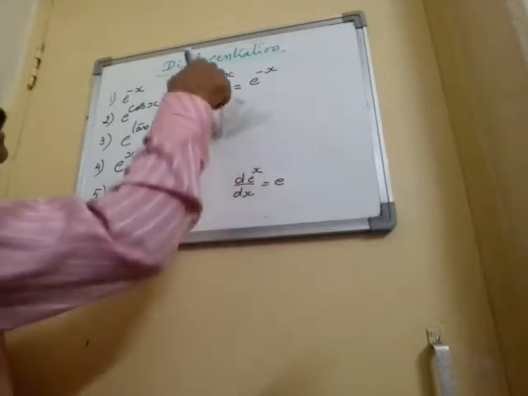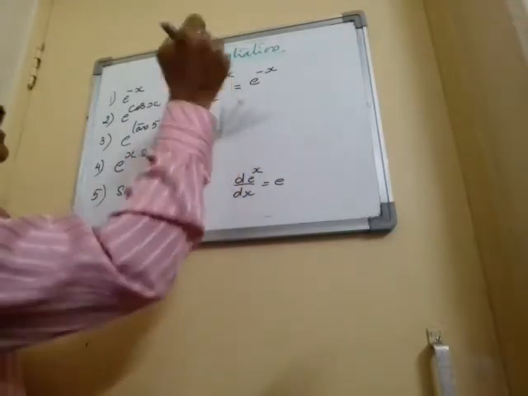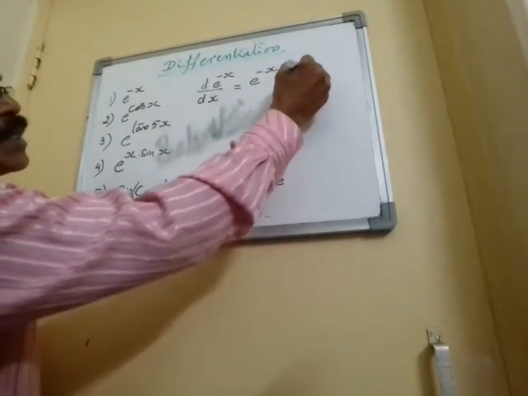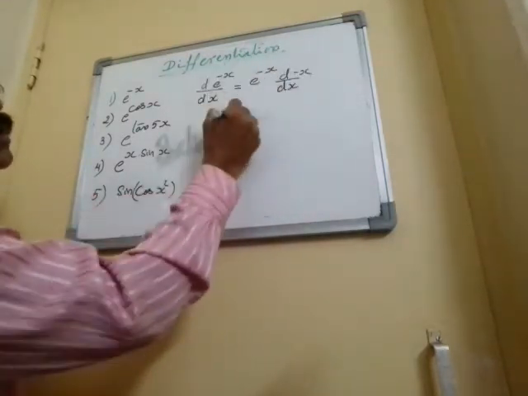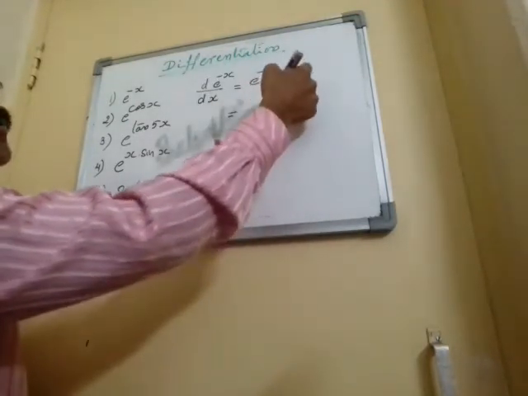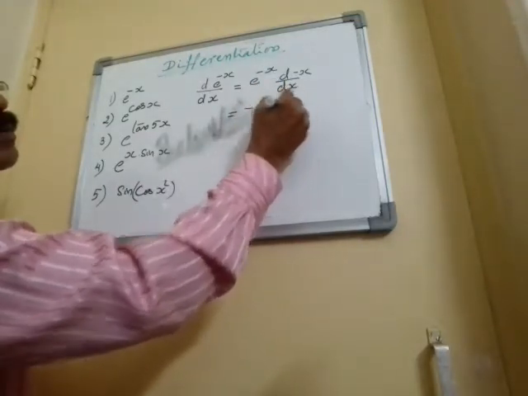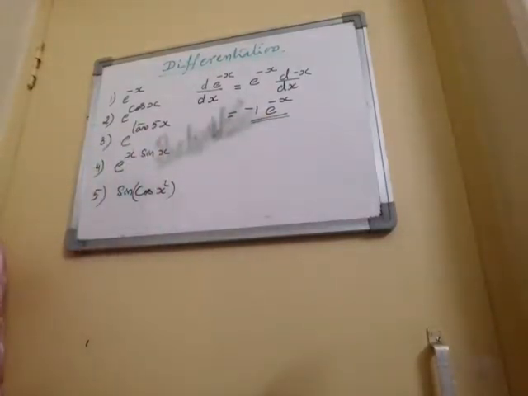Here x is there, here minus x. So we have to differentiate this minus x once again. That means d by dx of minus x. Okay, that's what we call the chain rule. So d by dx of minus x is minus 1. So minus 1 e to the power minus x. So this is the final answer for the first question.